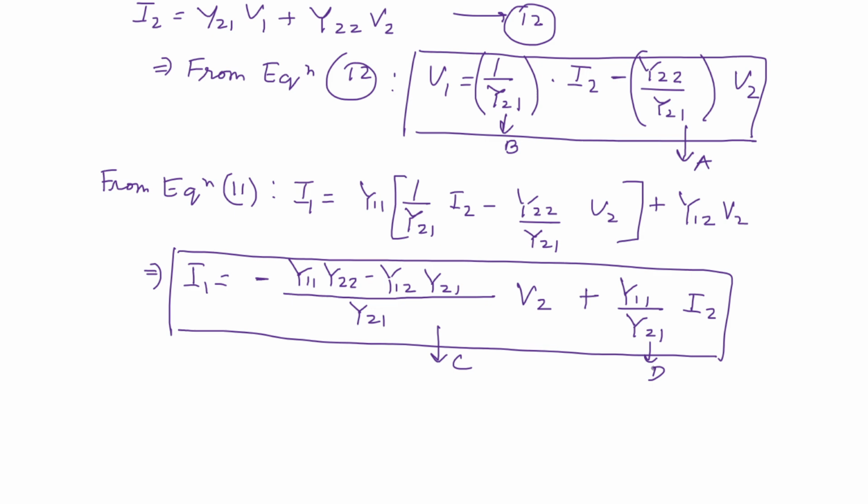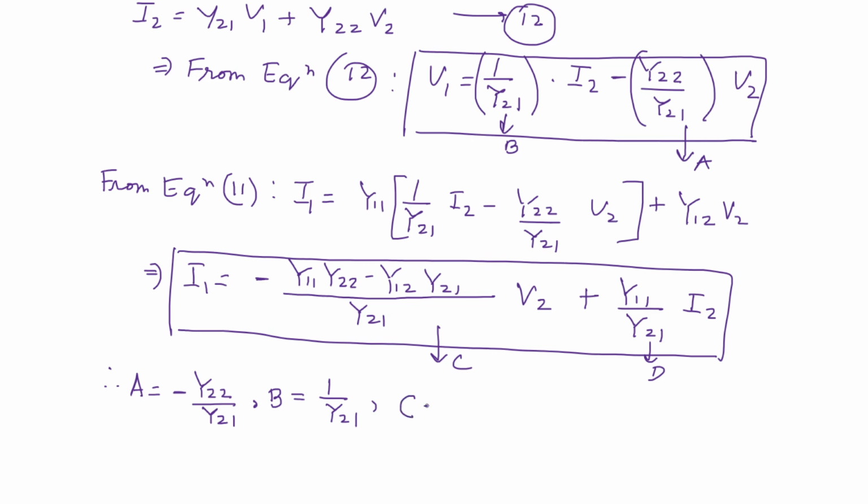Therefore V1 is equal to A V2 plus B I2. So A must be minus y22 divided by y21. Then B is equal to 1 by y21. Next equation, I1 is equal to C V2 plus D I2.